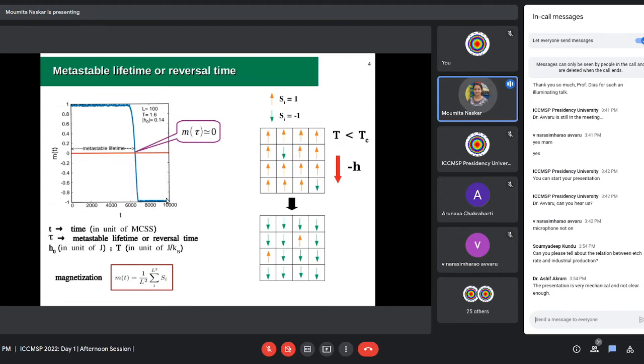That means the spins now try to align along the direction of the applied field. Quantitatively, we have defined the metastable lifetime or the reversal time of magnetization as the time at which the magnetization starts becoming negative. We have used this definition of lifetime or reversal time throughout our work.